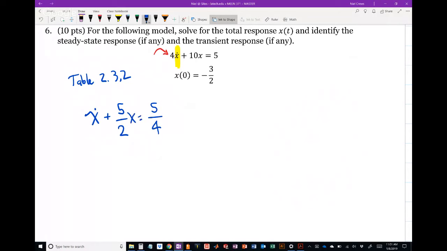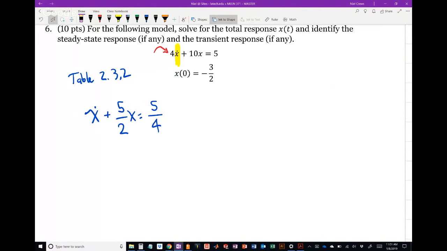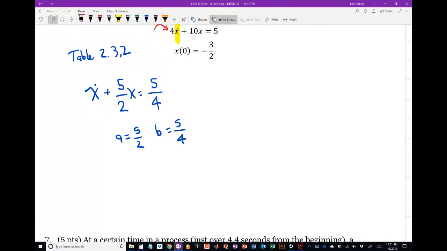Okay, and looking at table 2.3.2, there's only one case for the first order, and as we see here, this is a equals 5 halves, and then b equals 5/4. For a first order equation, that's always going to be of this form: x of t is going to be b over a plus c e to the negative a t.